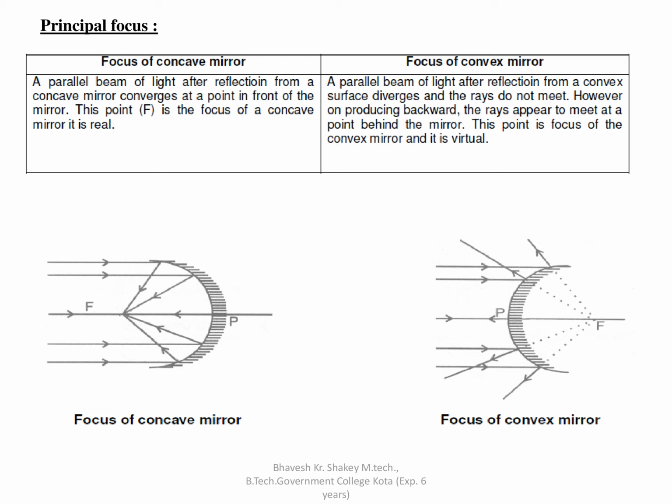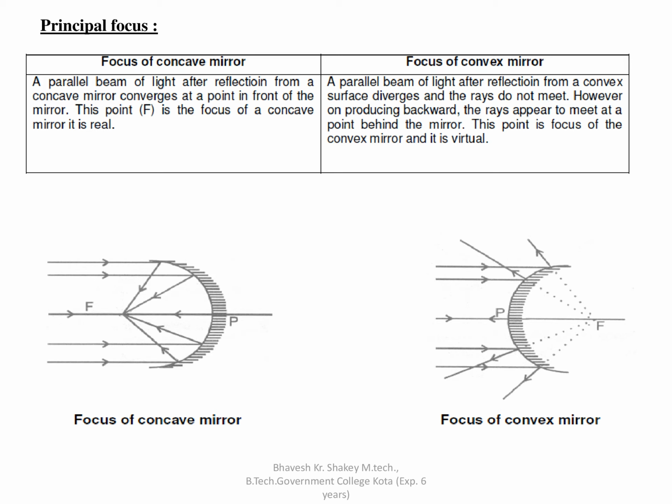These light rays are coming parallel to the principal axis and after reflection they are actually meeting at a point on the principal axis. So this point is called the principal focus and it is real, and because it is real, we draw firm lines there.